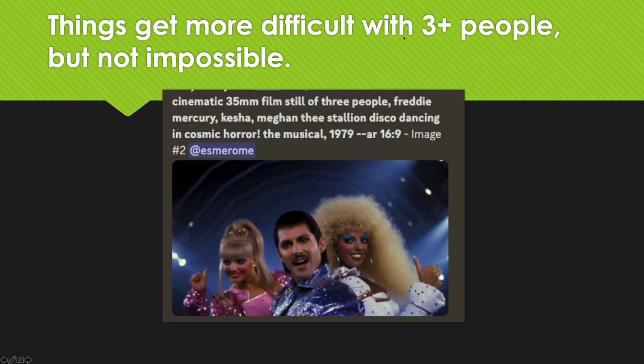Things do get more difficult with 3 people, but it's not impossible. Here we have cinematic 35mm film still of 3 people, Freddie Mercury, Kesha, and Megan Thee Stallion, disco dancing in Cosmic Horror, the musical, 1979. Now, I don't think these are the greatest facial likenesses to those 3 people that's ever been done.